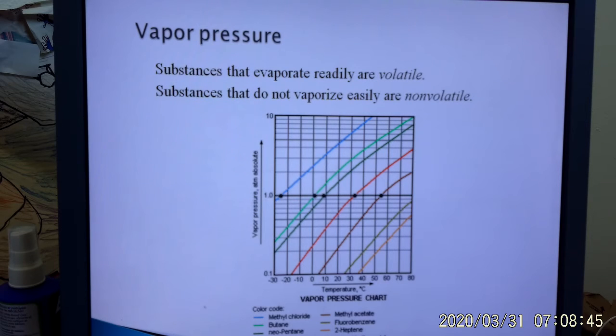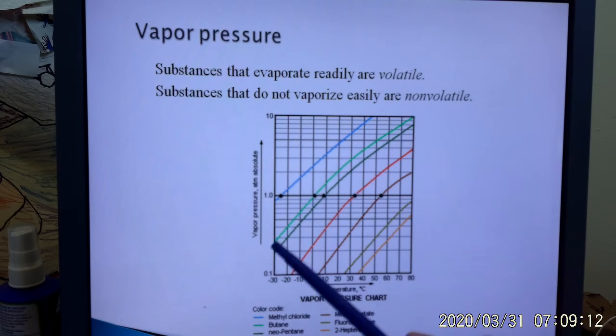So in this chart, if they evaporate easily, look at this. This is minus 30 degrees Celsius. You can see the vapor pressure is almost 1, right? At minus 25 degrees or so, the vapor pressure is 1 atmosphere. Okay, so methyl chloride, because it evaporates readily, is called volatile.